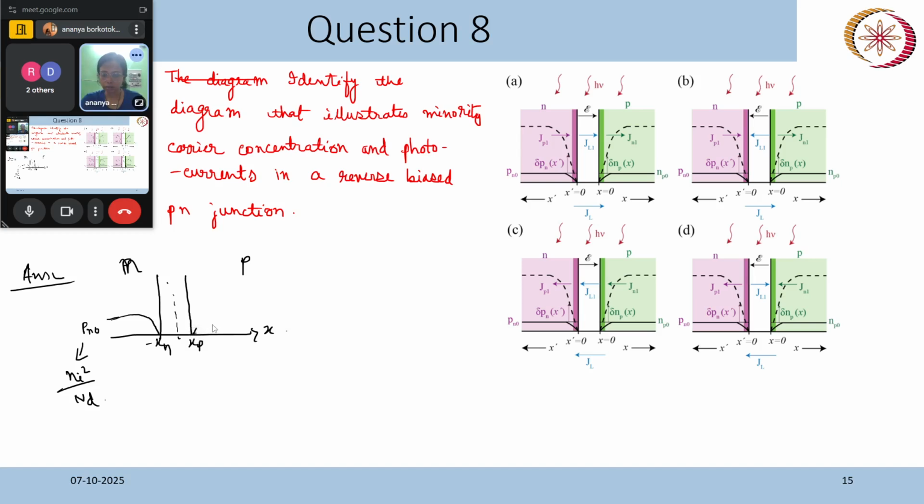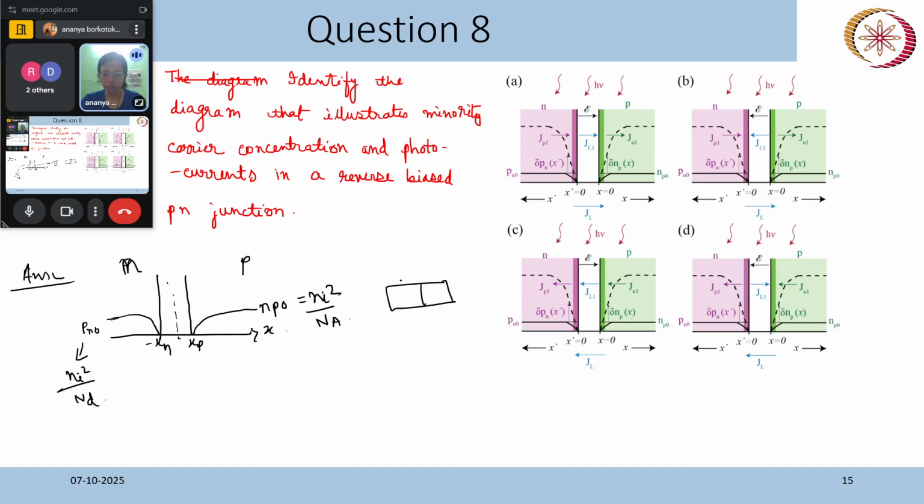And this is like this. Okay. This is the equilibrium hole concentration on the P side. Equilibrium electron concentration on the P side. So this is Np naught, which is equal to Ni square by Na, right? So we have an electric field. In which direction?